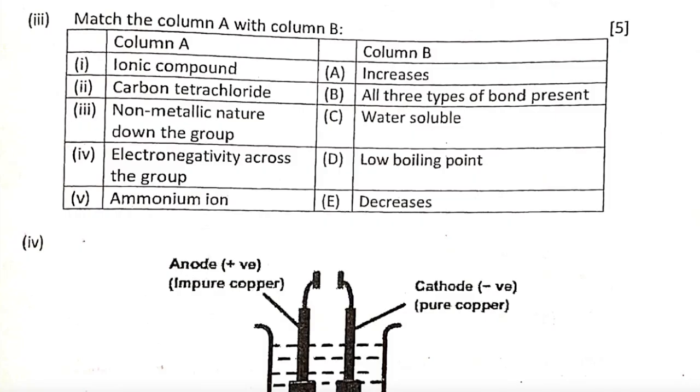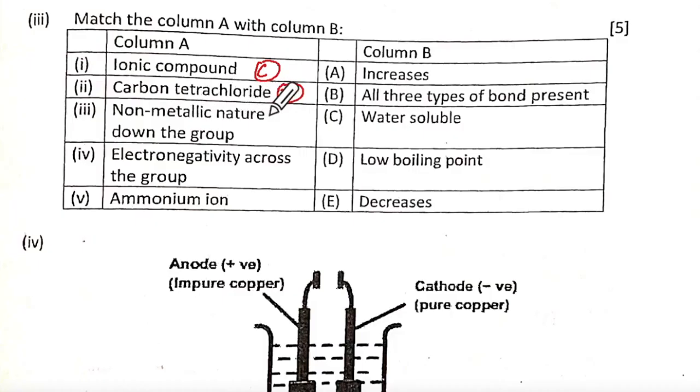Let us come to match the columns. Ionic compounds, they are water soluble. Carbon tetrachloride is covalent, so it has low melting and boiling point.